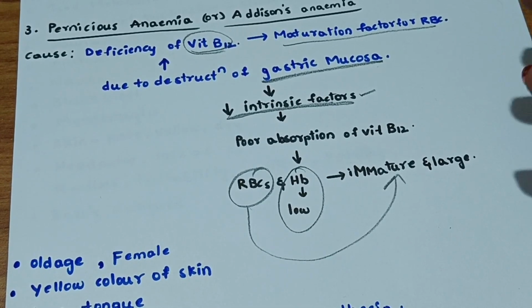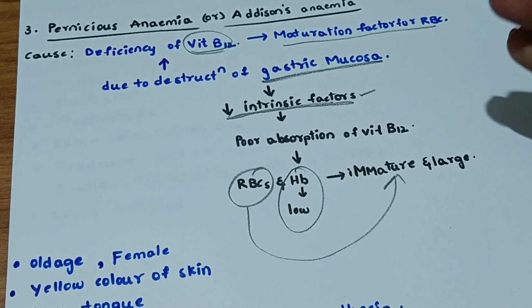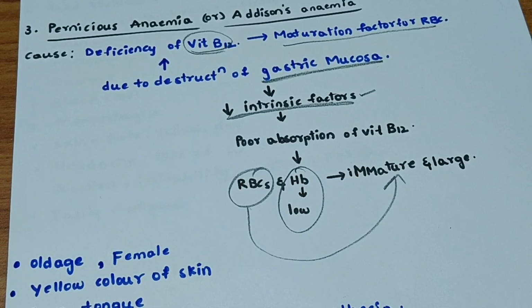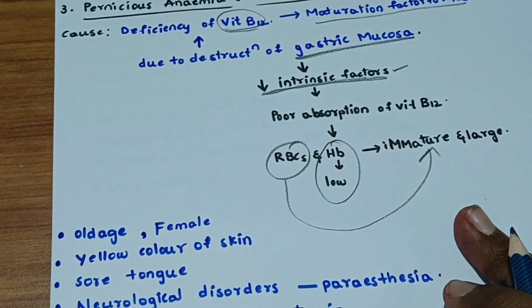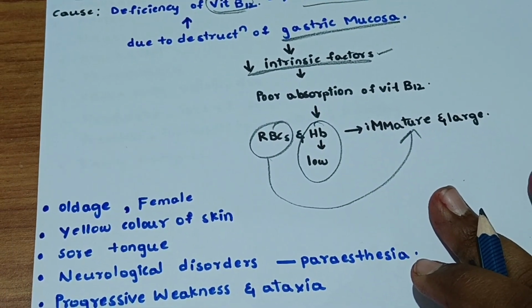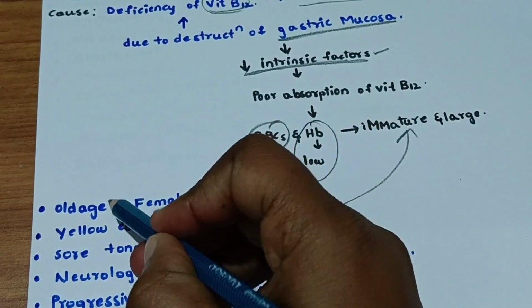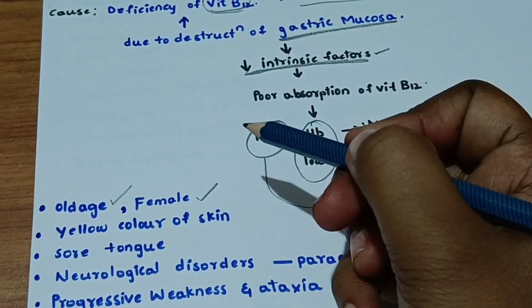Why deficiency of vitamin B12? There is absence or decreased intrinsic factor. Vitamin B12 is absorbed in the presence of intrinsic factor, so if the intrinsic factor is not there, there will be no absorption of vitamin B12. Now what are the symptoms? Pernicious anemia is most common in old age people and females.